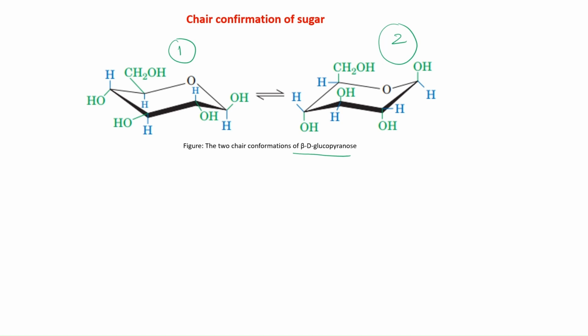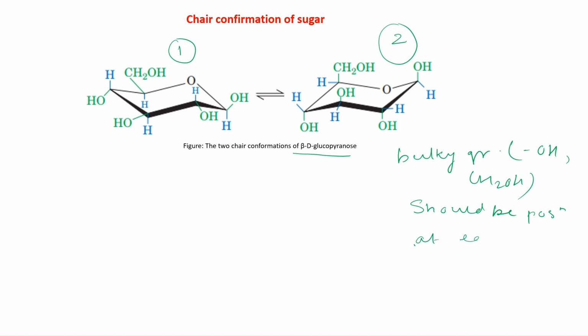For that, the rule is the bulky groups. Bulky groups means OH and CH2OH, which are bigger groups. These bulky groups should be positioned at the equatorial position. There are two positions, one is equatorial and another one is axial. If the bulky groups are present at the equatorial position, that chair conformation will be the dominant one.